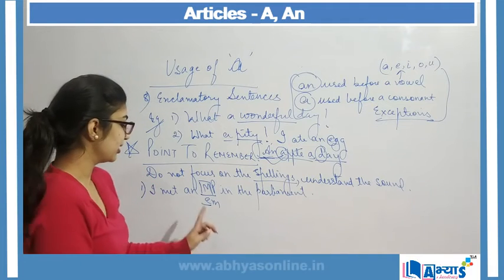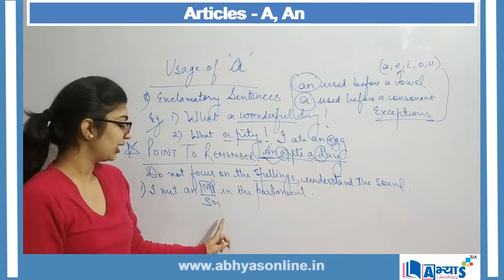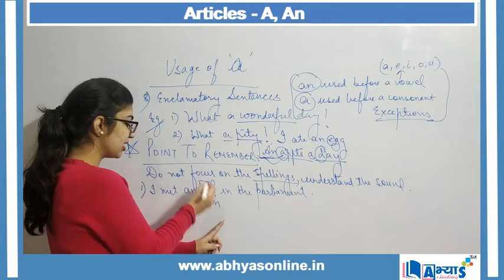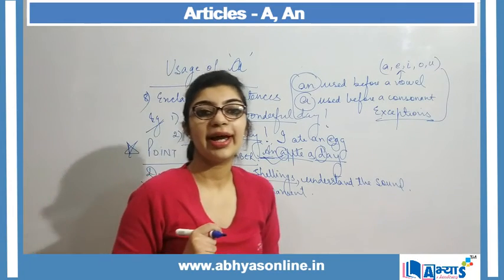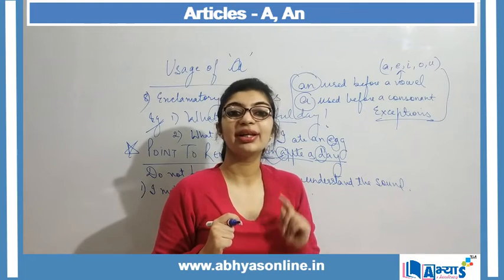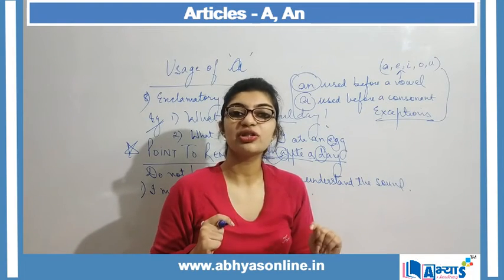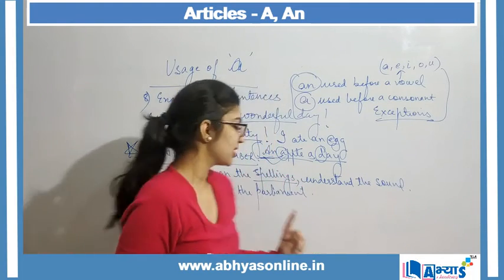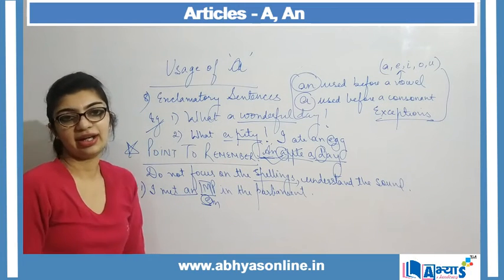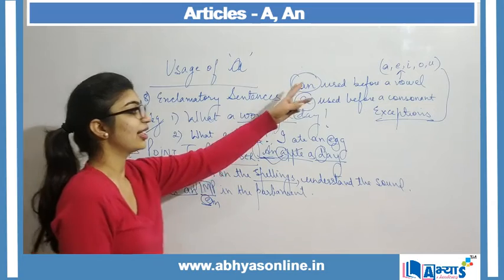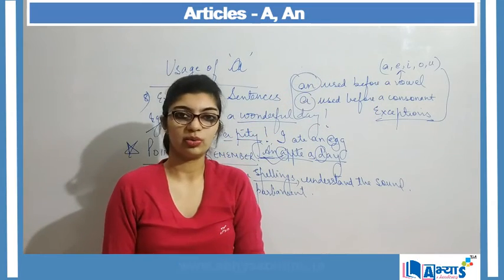M means EM, and since E is a vowel, I am getting the sound of a vowel, even though it begins with M, but the sound is of E, right? Since E is a vowel, I will be making use of an, because we know that an is used before a vowel, right?